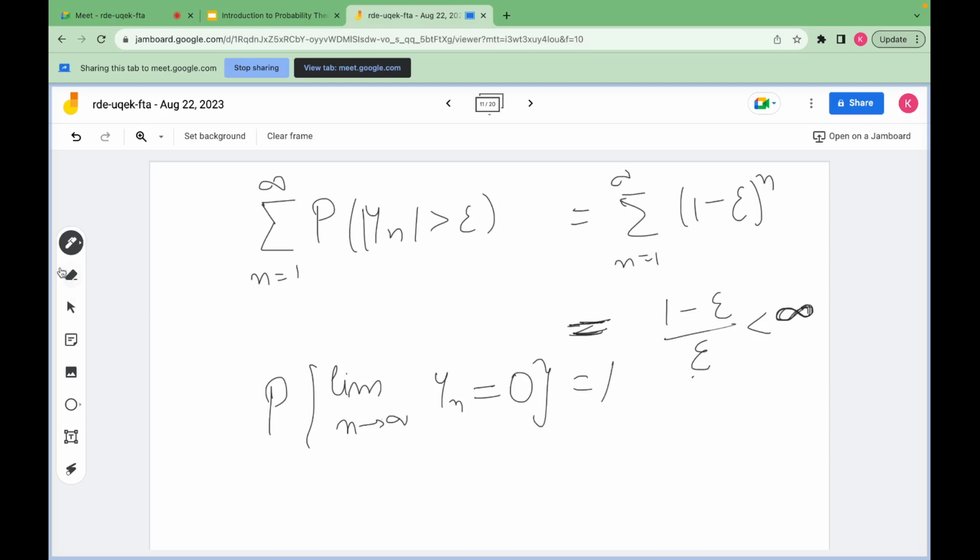From the probability part, we had that the limit as n tends to infinity of the probability that Yn is greater than epsilon is equal to 0.